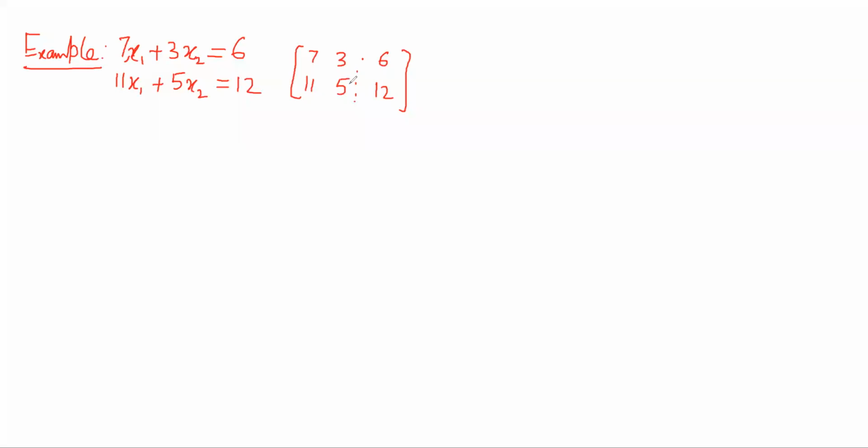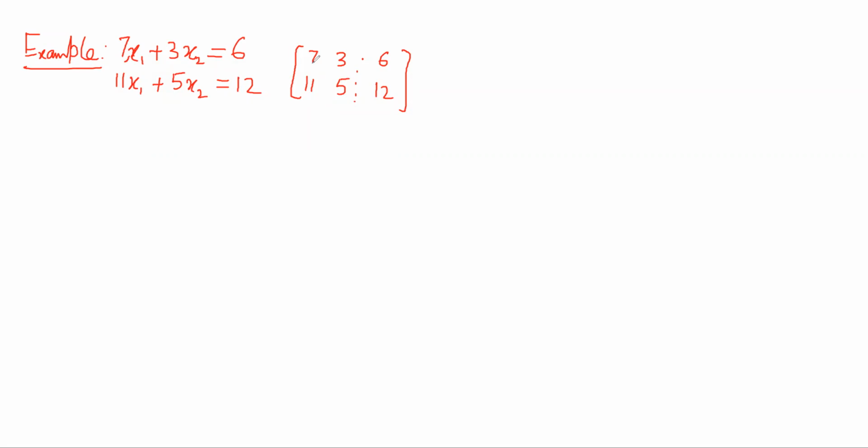So now we will apply the row operations on this augmented matrix. We can see that there is 7 and then there is 11 over here. So we want to transform this matrix 7, 3, 11, 5 into the echelon form.